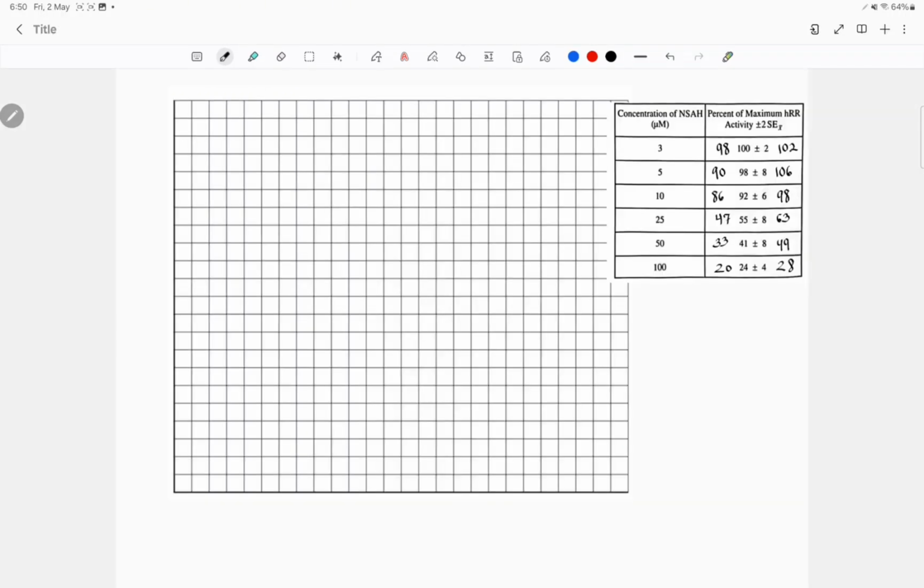Okay, so what goes on the y-axis? The dependent variable, which is the percent of maximum HRR activity. What goes on the x-axis? The concentration of NSAH.